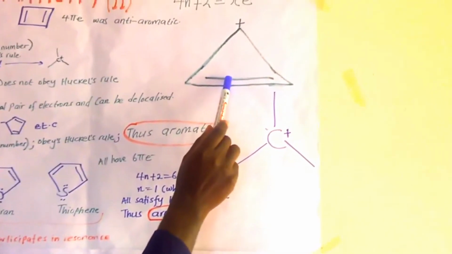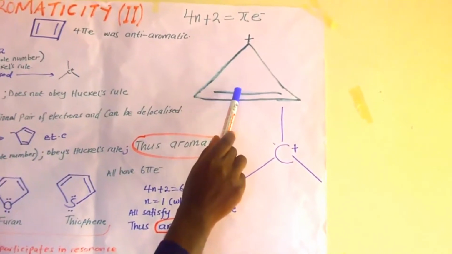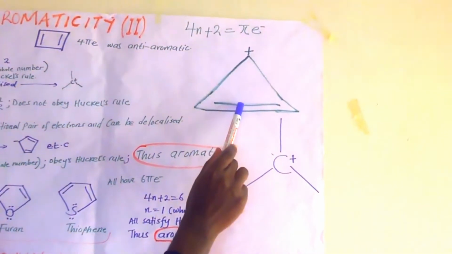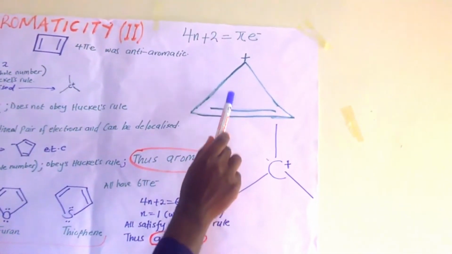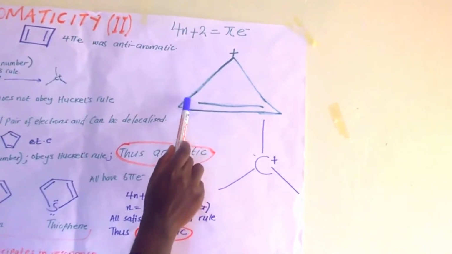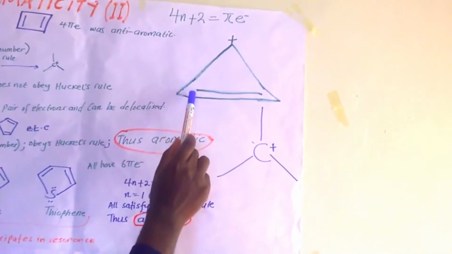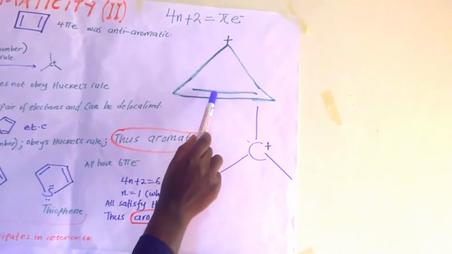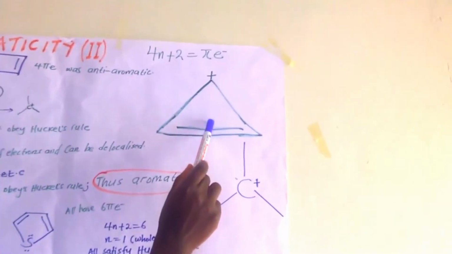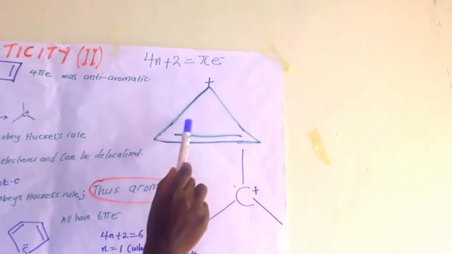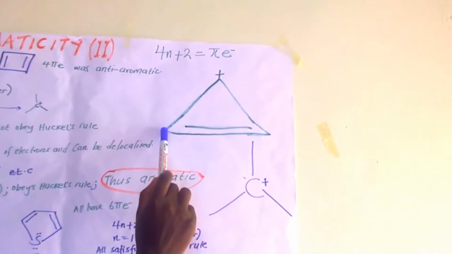Now today we want to look at more examples, and our first example is this particular compound here. We want to see if this compound is aromatic or anti-aromatic. If you look at this compound, first of all, it is cyclic. All the carbons are planar. It is also conjugated because this double bond can move to this position and the plus sign can come to this position here.